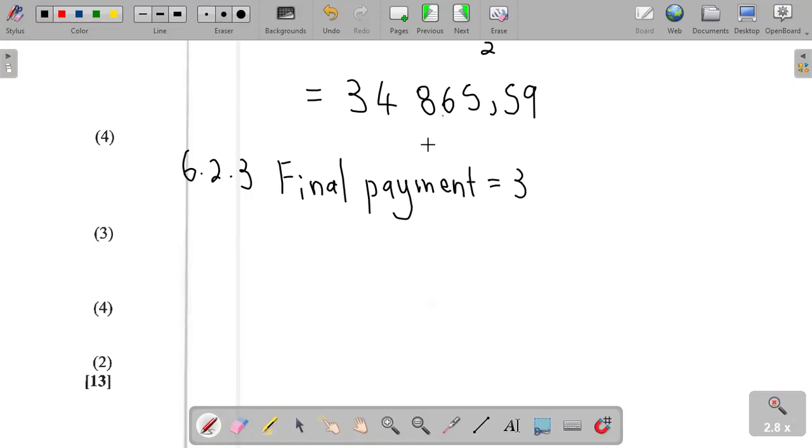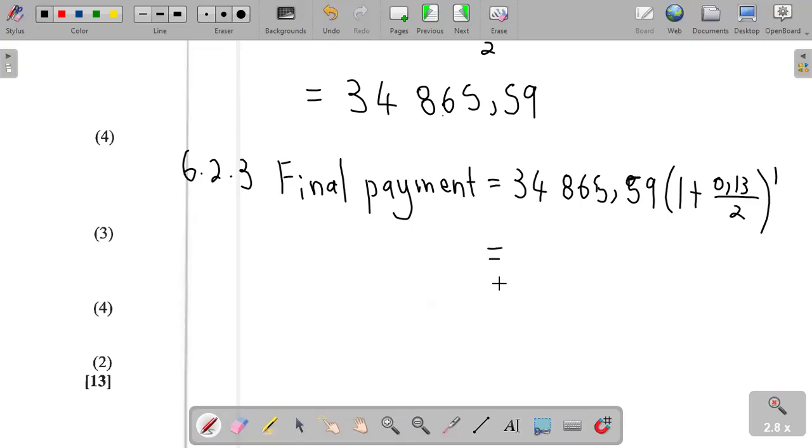It will be equal to what we're going to pay: 84,865.59 times 1 plus 0.13 over 2, and then n will be 1, because it will be one payment only.